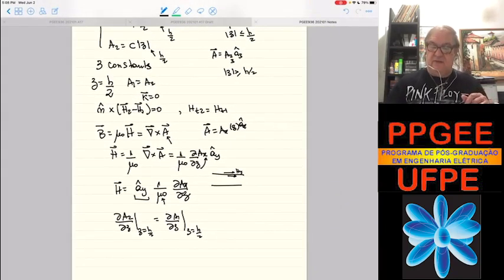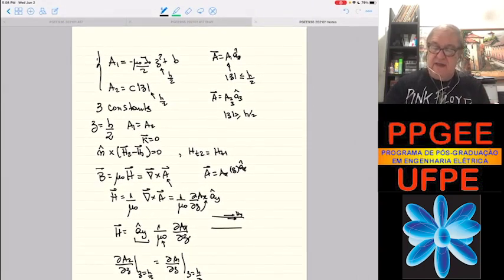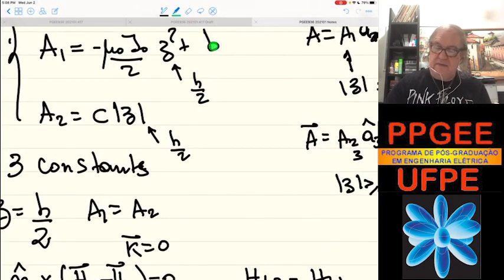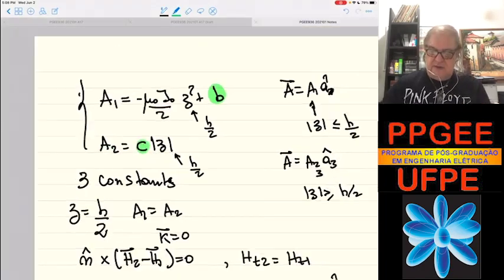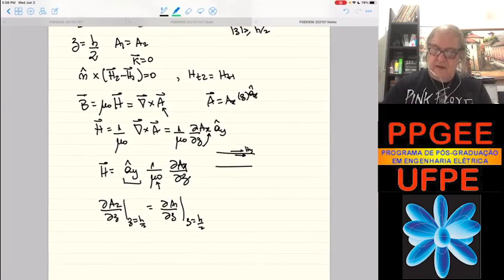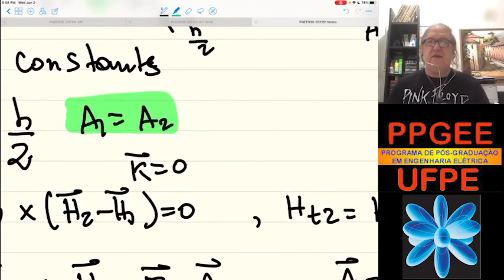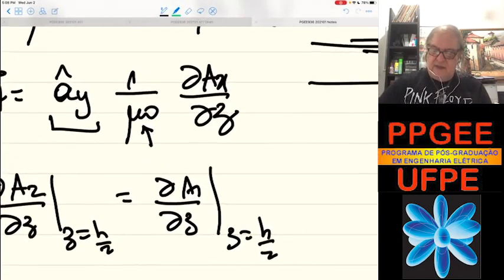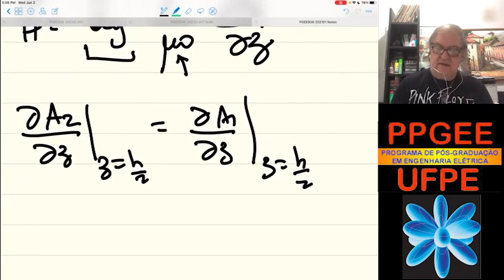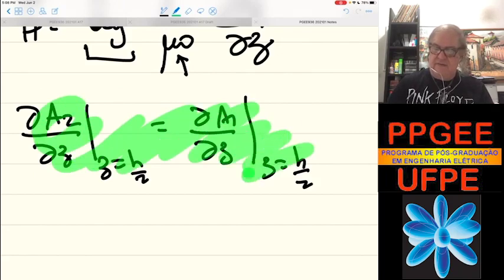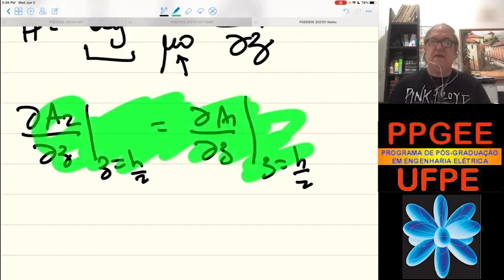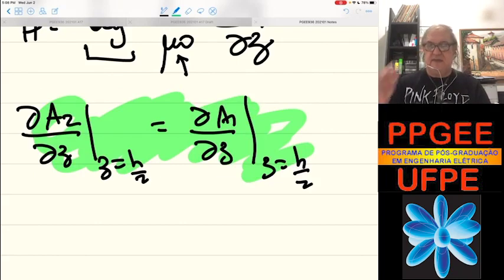In other words, we have two constants to be determined, so we need two boundary conditions. One is A1 equals A2. The second is that the derivatives of these functions have to be continuous because mu 0 is the same.